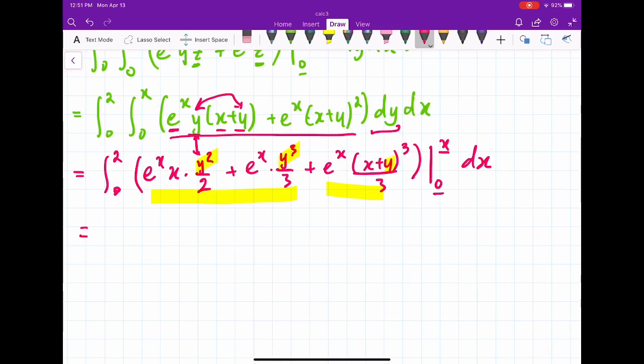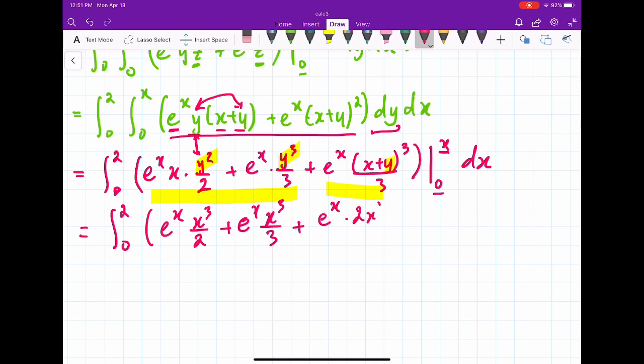All right, now I plug x and 0 into the function. I get the integral from 0 to 2. The first term gives me e^x x cubed over 2, plus e^x x cubed over 3, plus e^x (2x) cubed over 3, right?